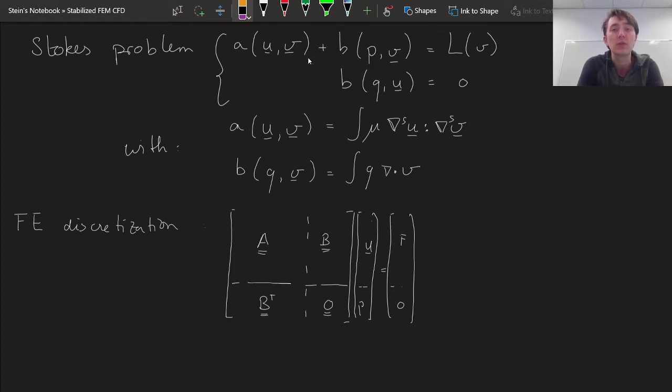What I mean by that specifically is that we can prove that the Stokes equations are well posed in the sense of the LBB conditions for spaces H1 on the velocities and L2 on the pressures. But even though they're well posed in those spaces, that actually does not mean that they're also satisfied for our discrete spaces.